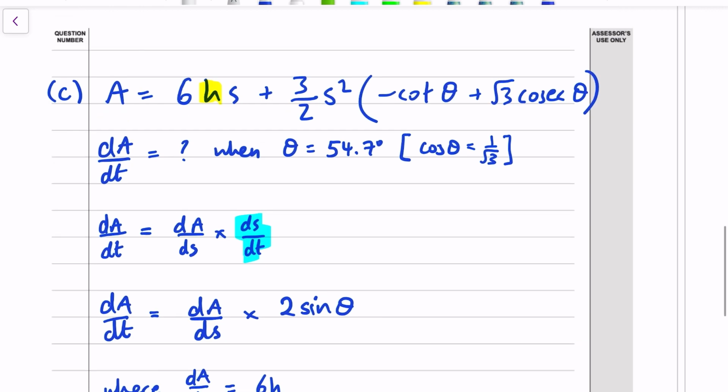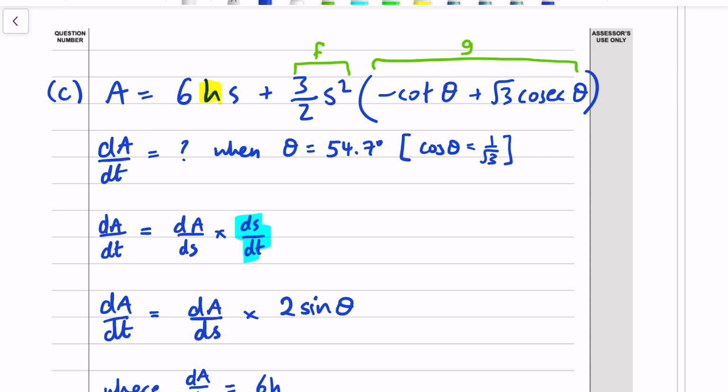And I'll call this first term here f, and this whole second term here equal to g. So to differentiate this with respect to s, I need to differentiate f, then times by g, and then differentiate g and times by f.